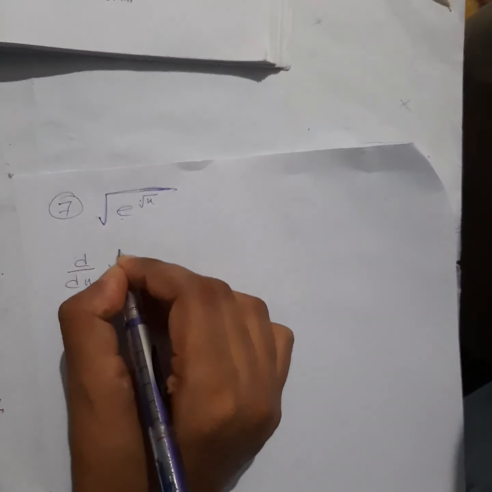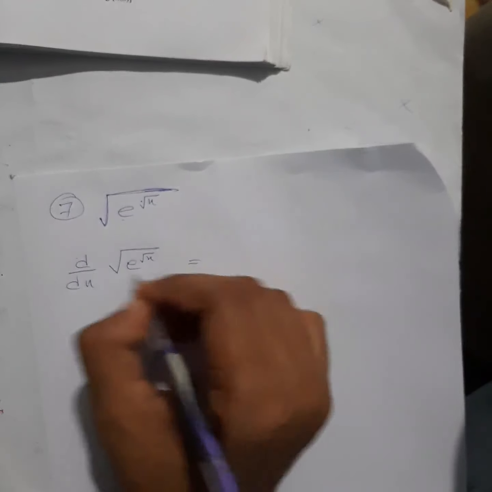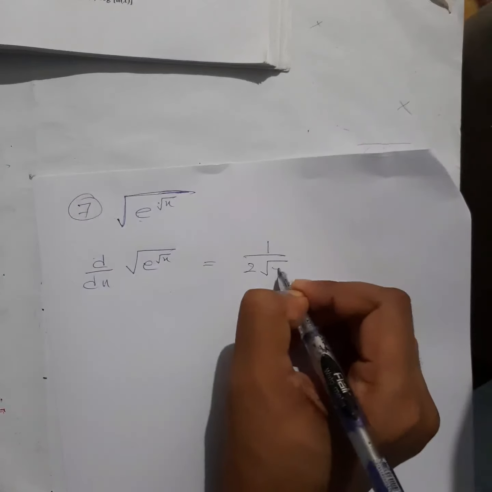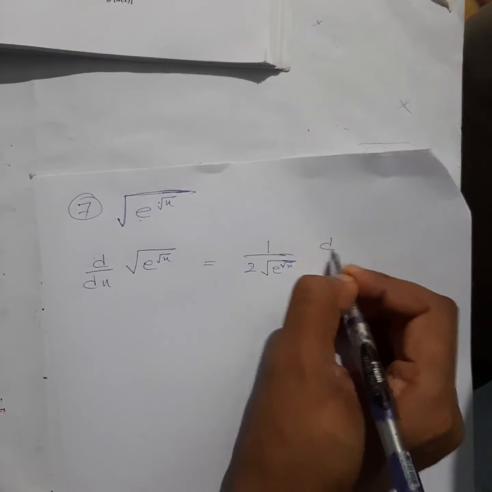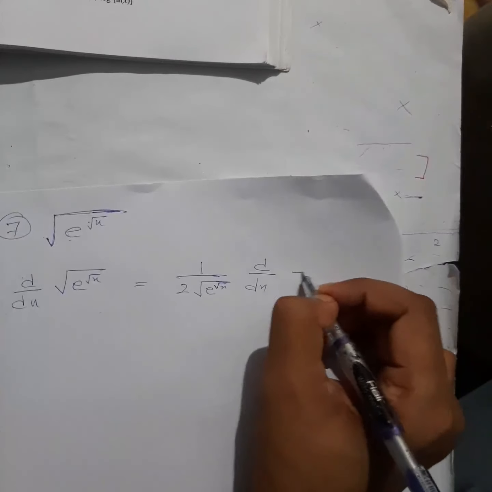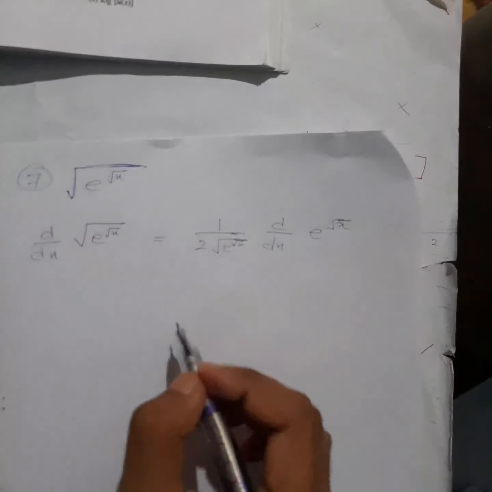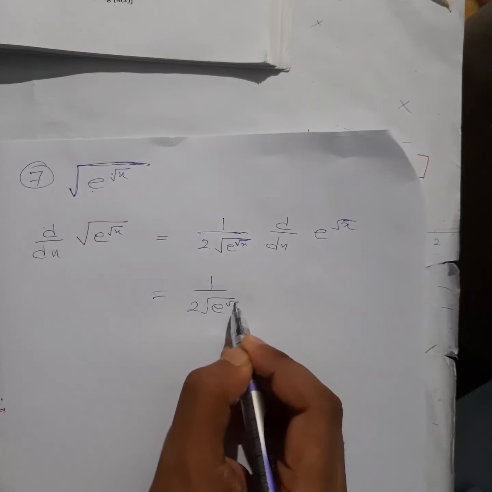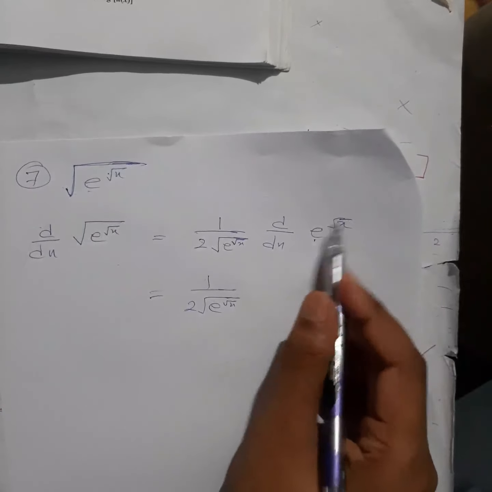So this is root x form, so d/dx of root x. This is your x here. So root x, what was the differentiation? 1 by 2 root x, right? So in place of x you have this one. So we will differentiate that one again. e^root x. So this will give you 1 by 2 root e^root x. Then this one again, if you differentiate, e to the power x form, right?